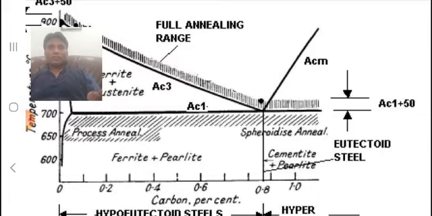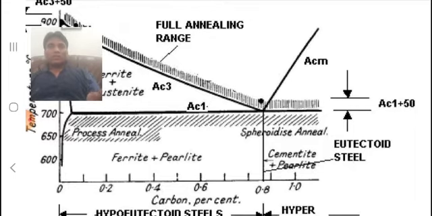When it is slowly cooled, the cementite present in the hypereutectoid steel or high carbon steels, the cementite network, will convert into spheroids.